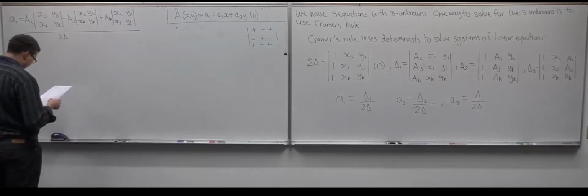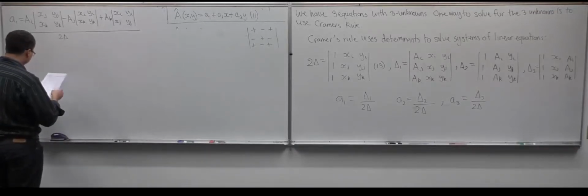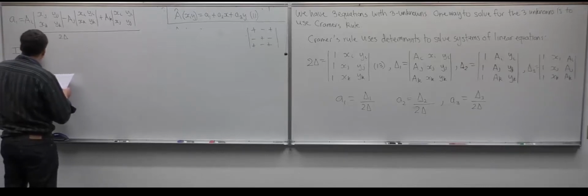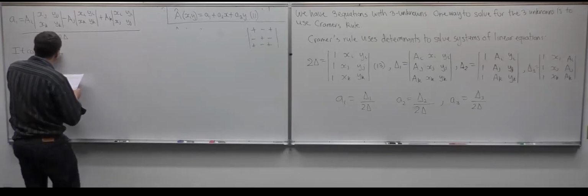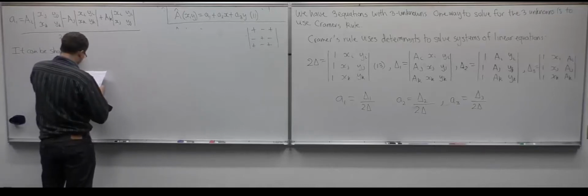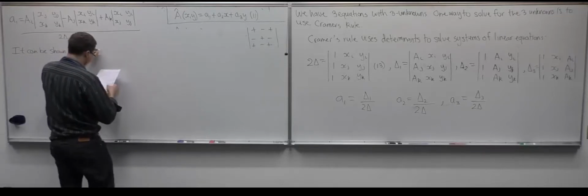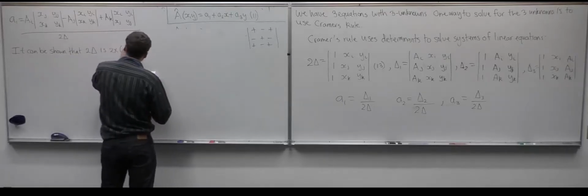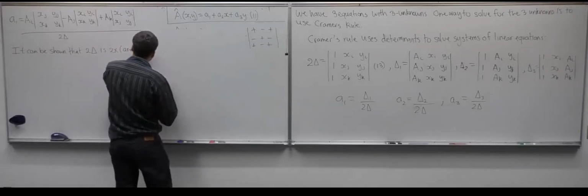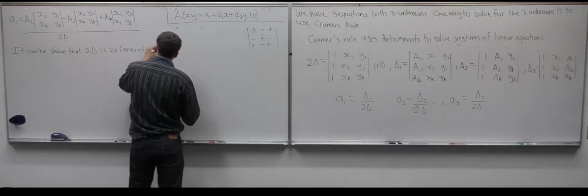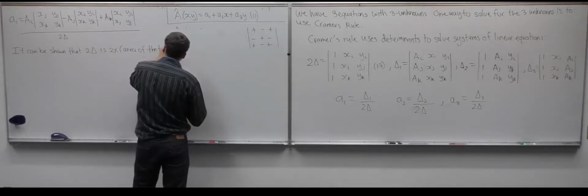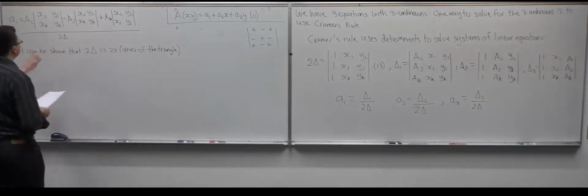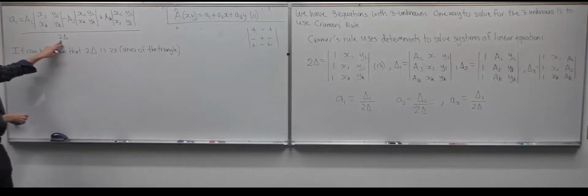It can be shown that 2 delta is 2 times the area of the triangle, and then we don't have to evaluate the denominator.